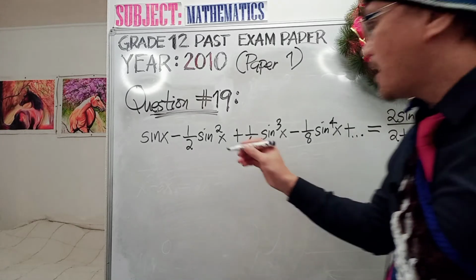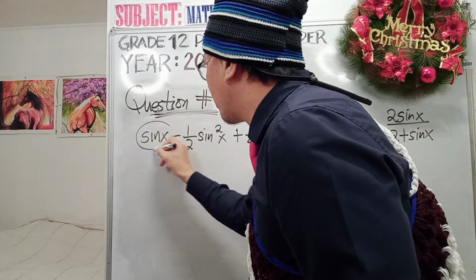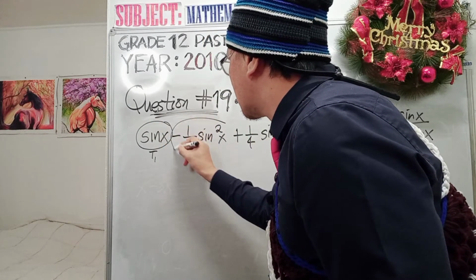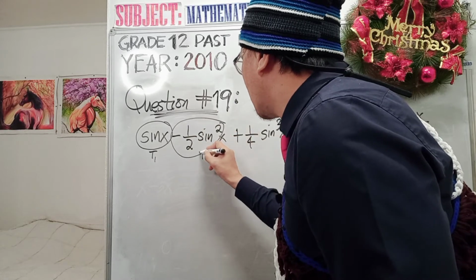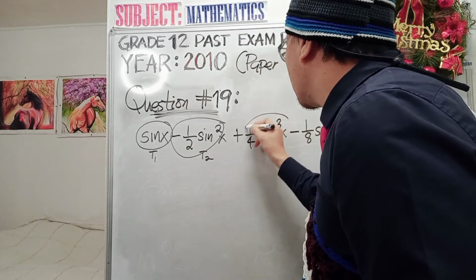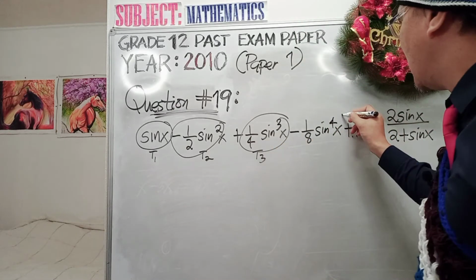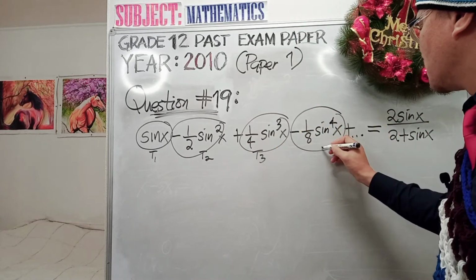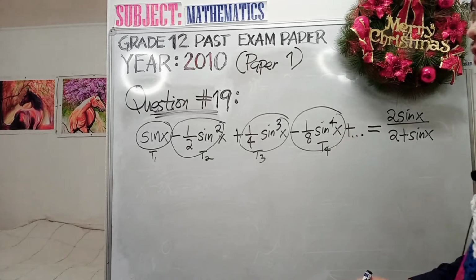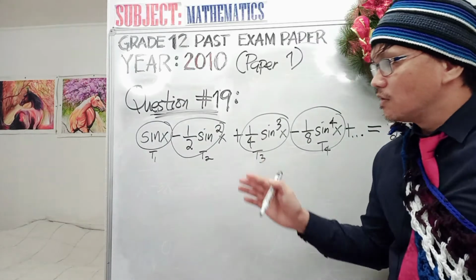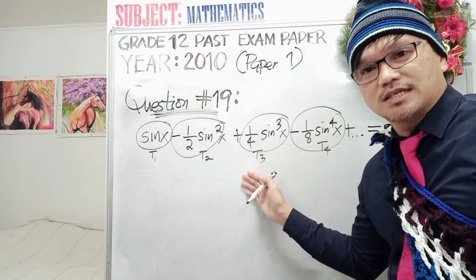Okay? So we have here, this is our first term, t sub 1, and this one is our second term, t sub 2, and this one is our third term, t sub 3, and this one is our fourth term, t sub 4. But the question now is, what type of sequence is this, or series?